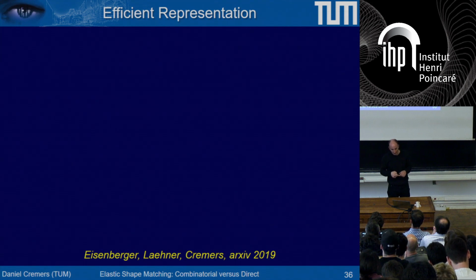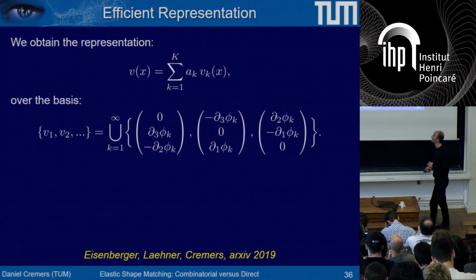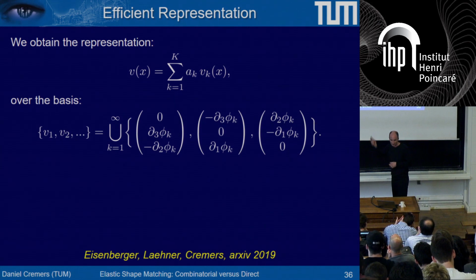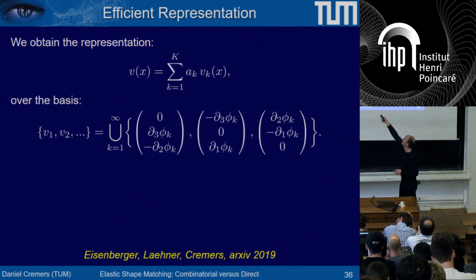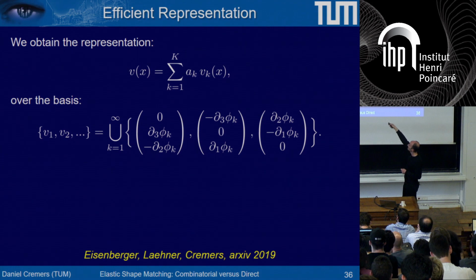And so you can then represent your vector field V as a linear combination of these eigenfunctions Vk with coefficients alpha k. And these basis functions are exactly these here, with the 3 components here. And these are the eigenfunctions of the Laplace-Beltrami operator. And the union of all these is our set of basis functions.